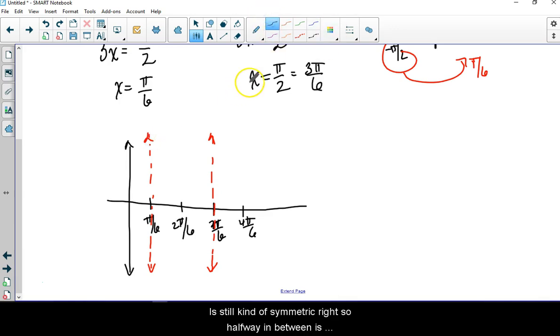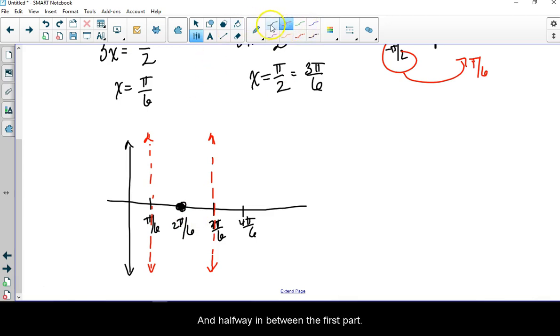Tangent is still kind of symmetric, right? So halfway in between is where you're going to cross. And halfway in between the first part and halfway between the second part, and actually the first part's down here this time, is where you're going to hit the amplitude.